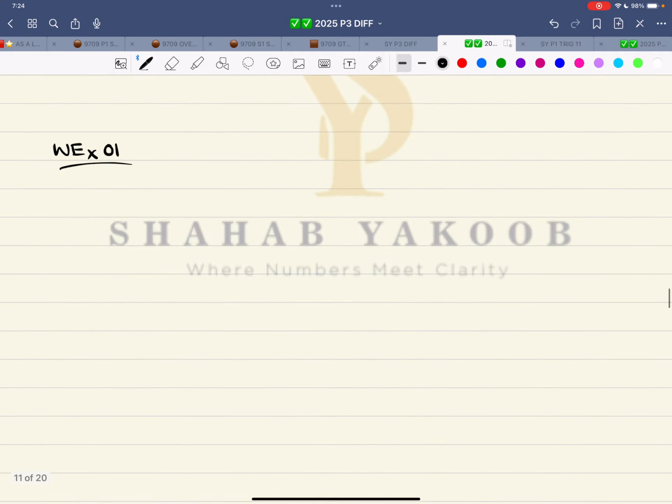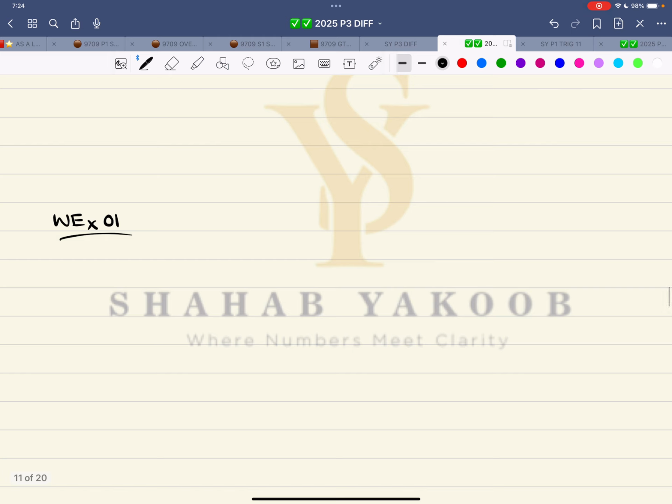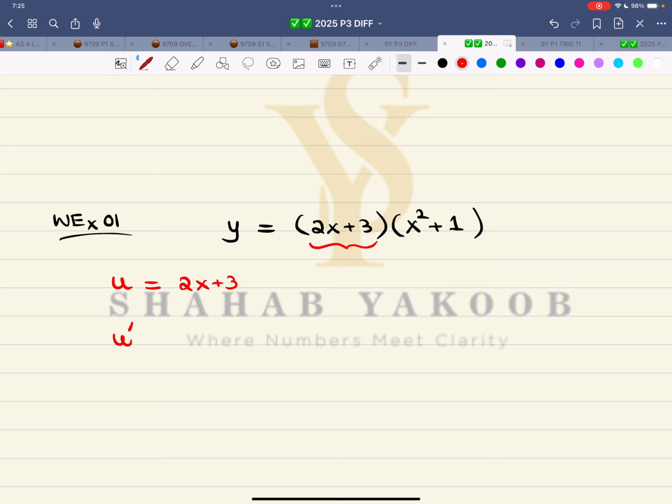Now let me write the first example. y equals 2x plus 3 multiplying with x square plus 1. This one in red color, let me write as u. So u is 2x plus 3, and underneath I write u prime, which is simply 2. And this one in purple color is x square plus 1.